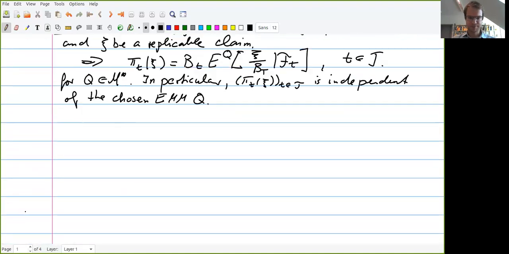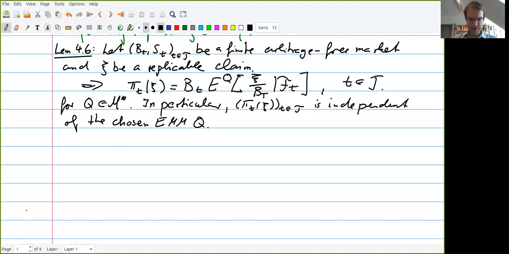Okay, so let's start the proof here. The first thing is, there exists a martingale measure because the market is arbitrage free.